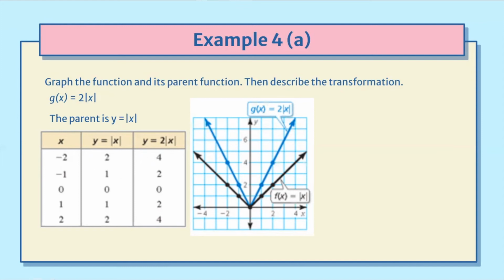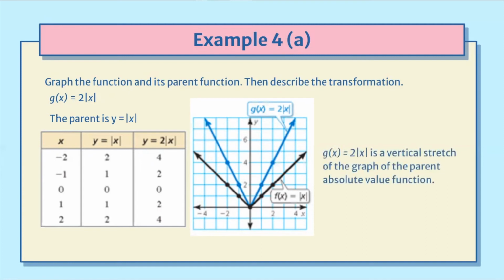So we can say that g of x is a vertical stretch of the parent absolute value function. And when a vertical stretch appears on a function, we can see that it's getting further from the x-axis, and a vertical shrink will cause it to get closer to the x-axis.